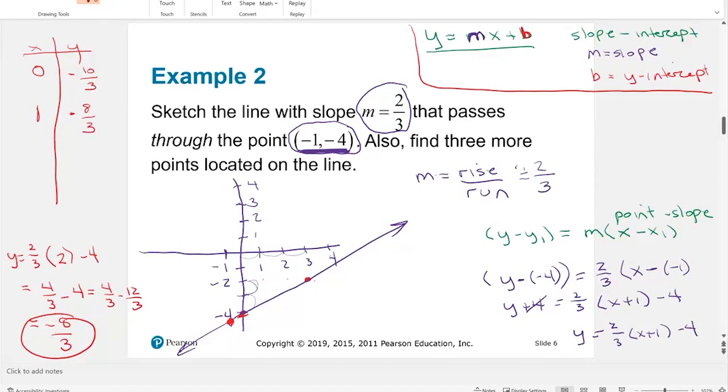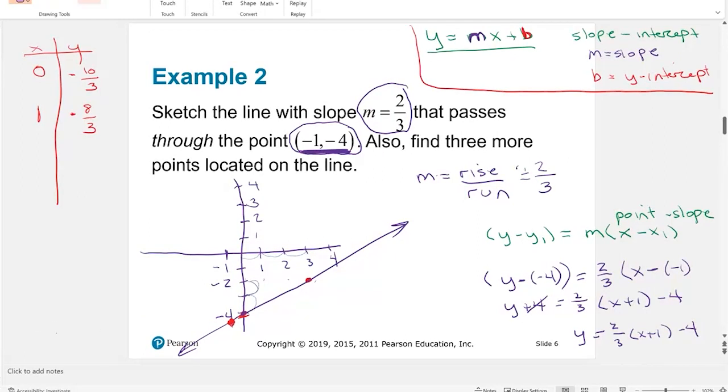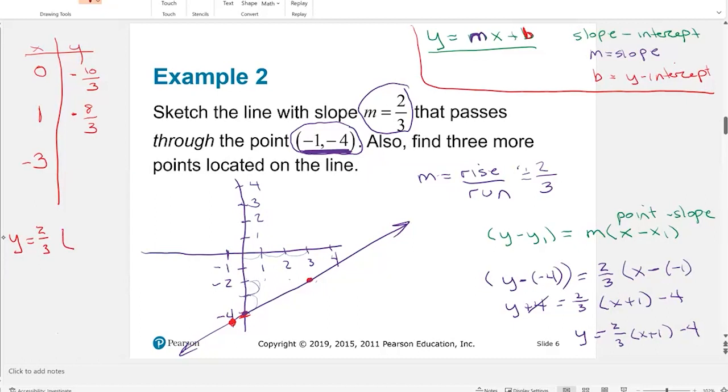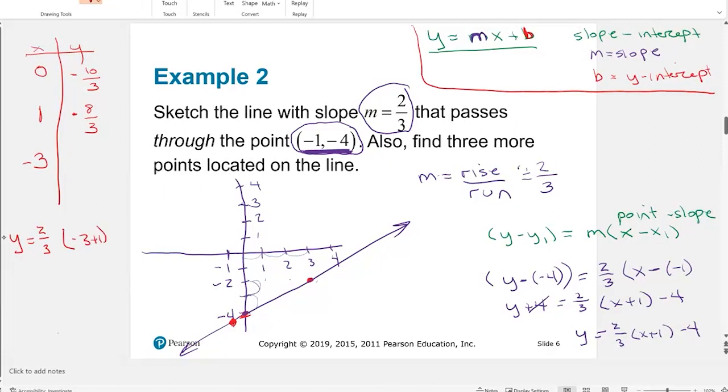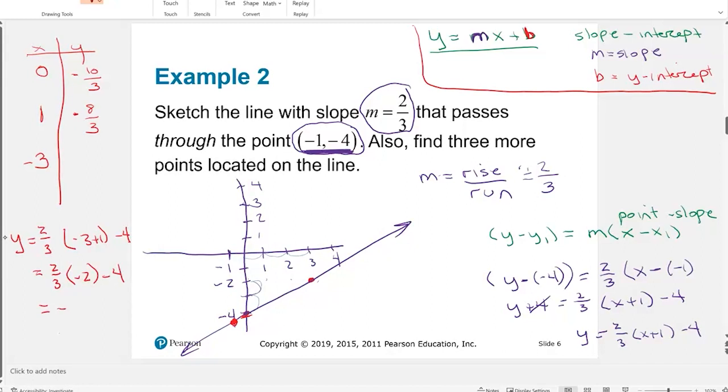And then, just pick another number. It doesn't really matter. You want to pick a negative number? We can pick a negative number. Let's pick -3, okay? So when x equals -3, I have y equals 2/3 times -3 plus 1 minus 4, which is equal to 2/3 times -2 minus 4, which equals -4/3 minus 4.